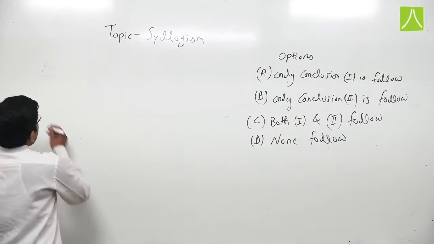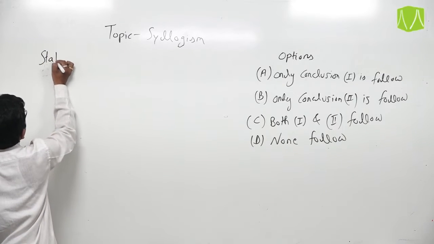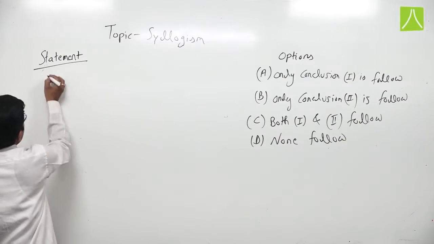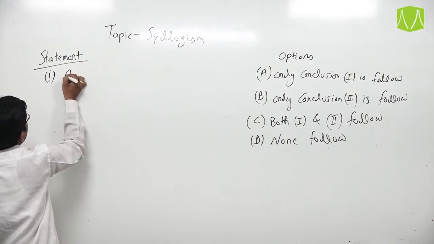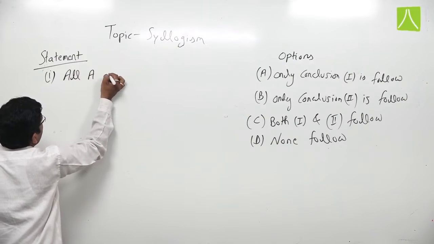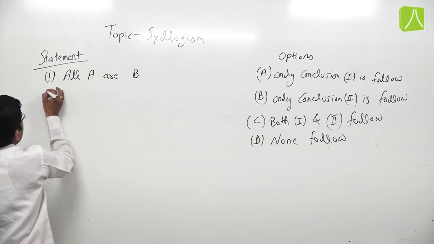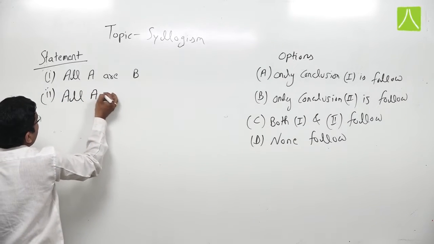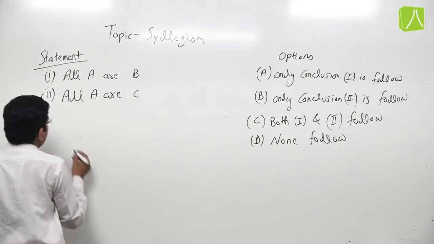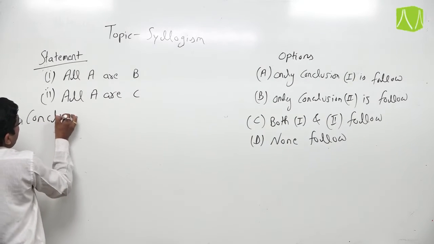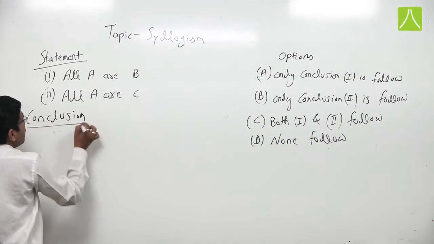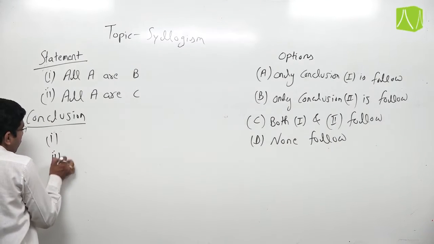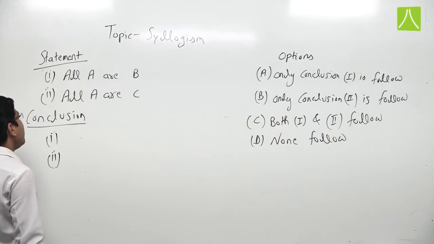Now take one by one examples. Here we write the statements. First statement is all A are B. Second statement, all A are C. Now on the basis of these 2 statements we have to find whether the first and second conclusions are correct or incorrect.